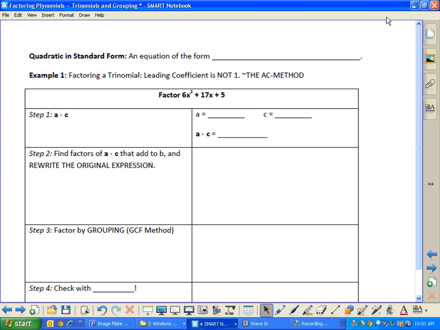So when we have a quadratic written in standard form, it's always going to look like y equals ax squared plus bx plus c, where a is a coefficient of x squared. Coefficient, by the way, just means number in front of a variable. B is the coefficient of x, and c, I always think in my head, c stands for constant, something that doesn't have a variable attached to it.